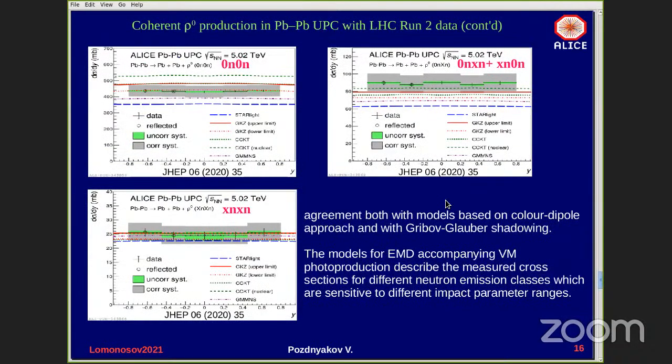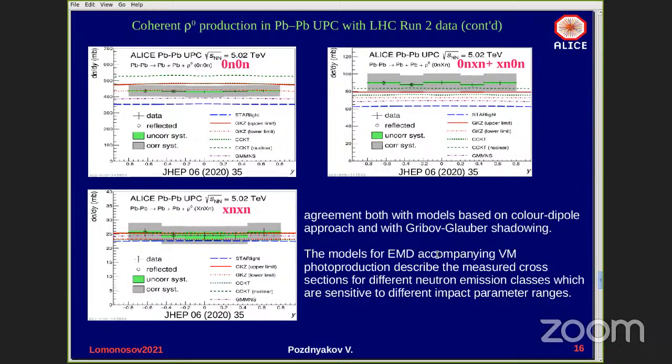And we made a measurement of the rho-zero photoproduction cross-section for different scenarios in the ZDC. First no neutrons, and we compare with the model, with the same result for the GKZ calculation. And we made a calculation for neutrons on one side of the ZDC and neutrons on both sides.